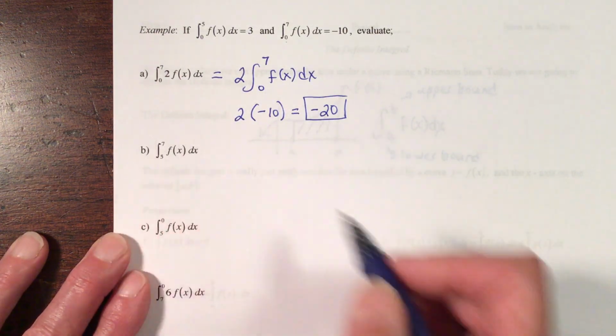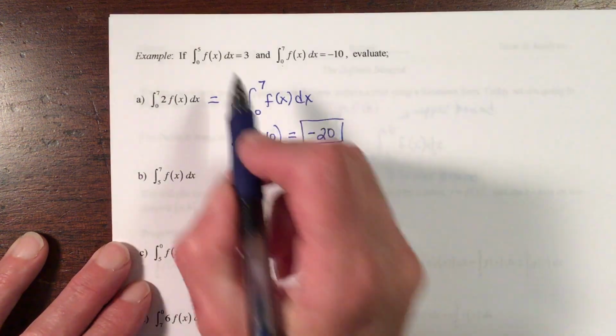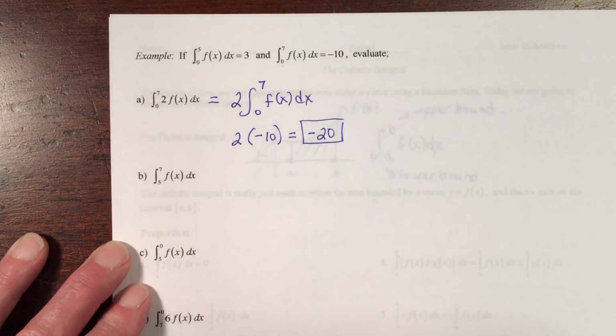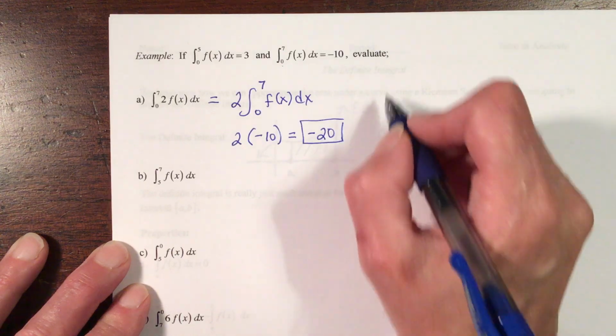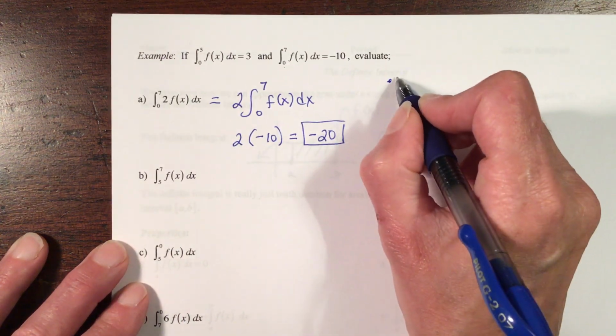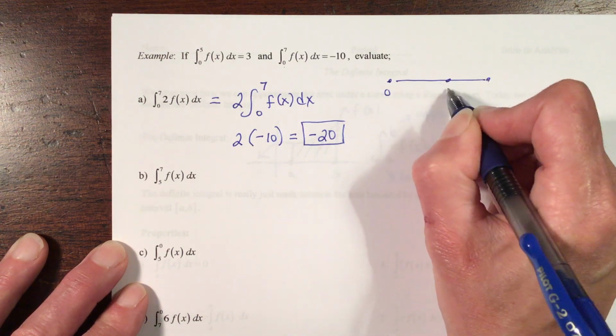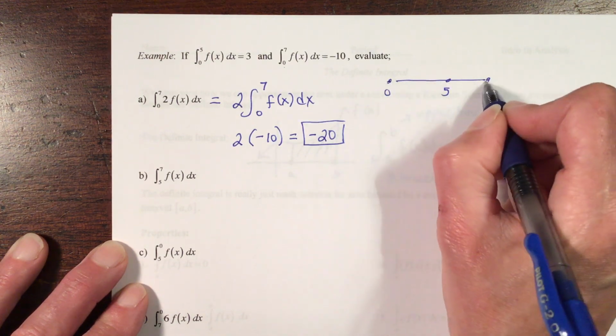The integral from 5 to 7. Okay, so I know what 0 to 5 is. I know what 0 to 7 is. If I just want to get 5 to 7, think about this like a number line here. So I know what 0 to 5 is. I know what 0 to 7 is.